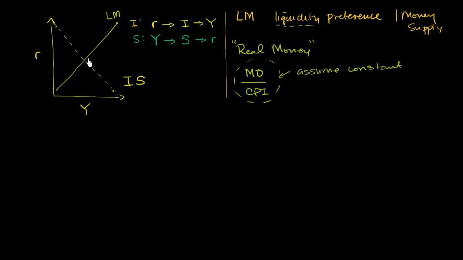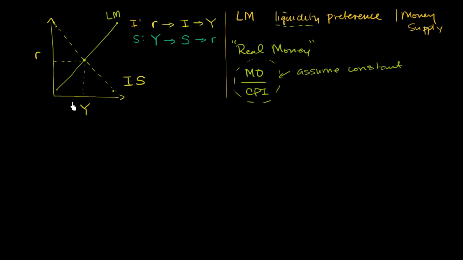This is just how much people, as things get better and better, with more and more economic activity, want to hold more money. When you take them both into consideration, you end up with an equilibrium point. There is going to be one point that meets both constraints, and this is the point at which the economy is at equilibrium relative to real interest rates and real GDP.